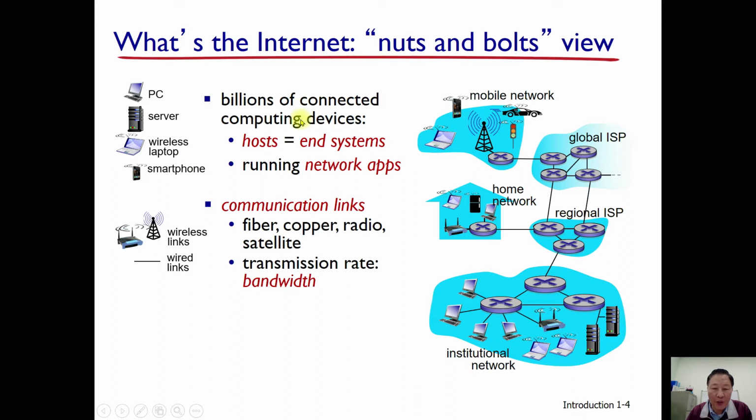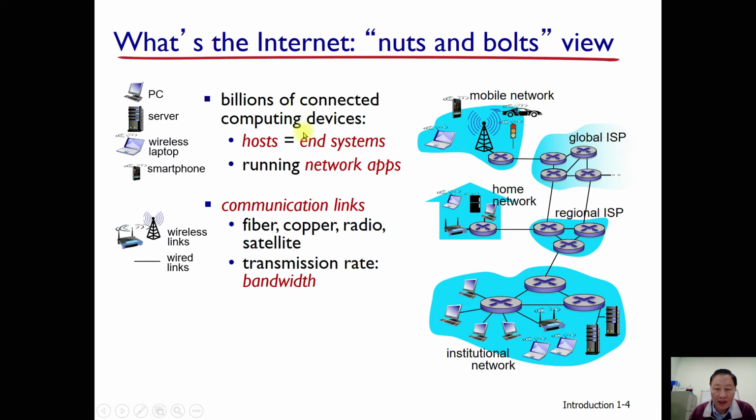Billions of connected computing devices. It's much more than that, because that number is still increasing rapidly. If we even consider the Internet of Things, IoT devices, then the number of devices is increasing rapidly.